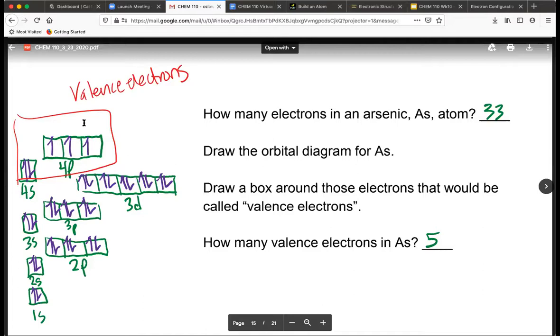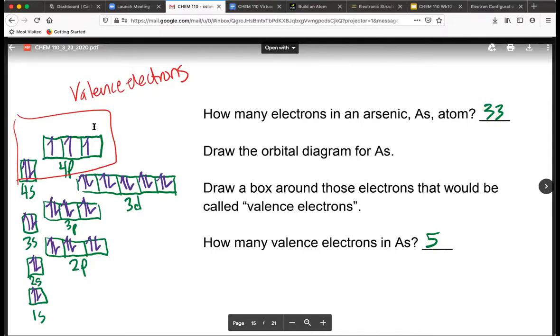And then there's the fact that these slight differences in the way we fill mean that 4p is the most energetic of our electrons. 1s is the most stable, because 1s is the closest to the nucleus, and 4p is the farthest from the nucleus.